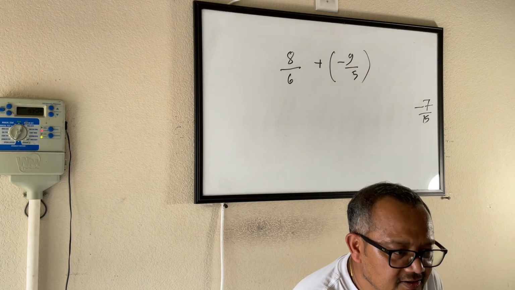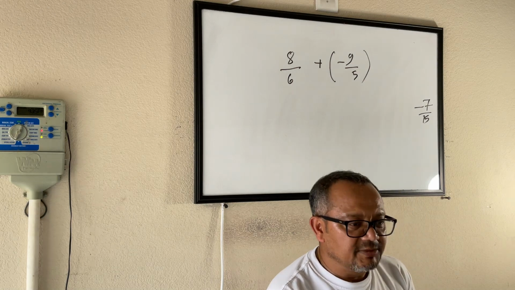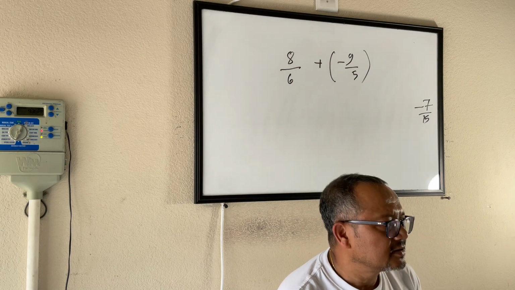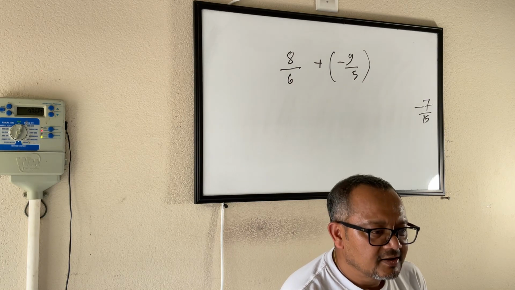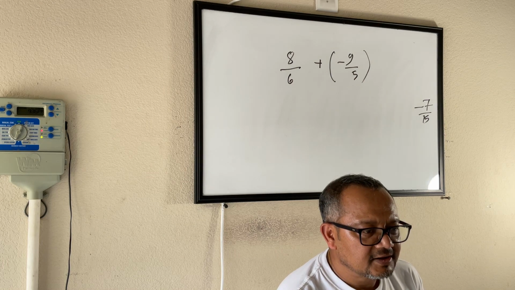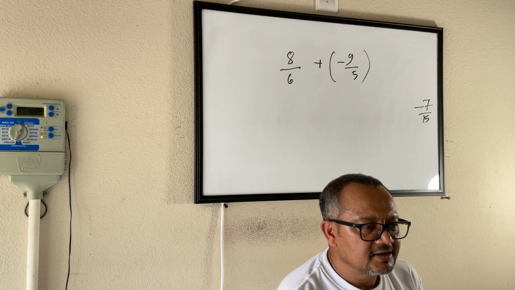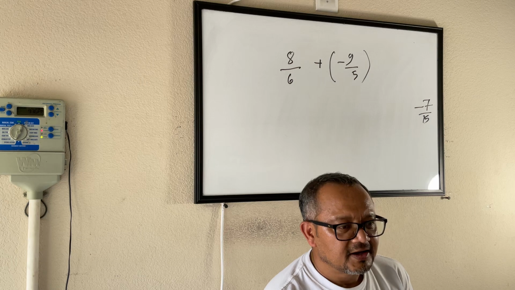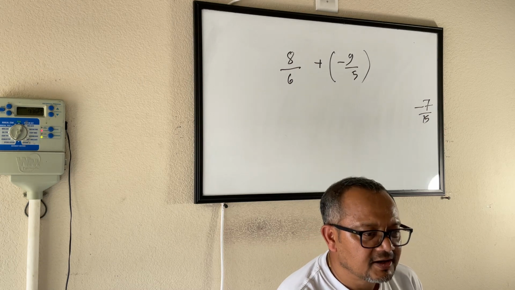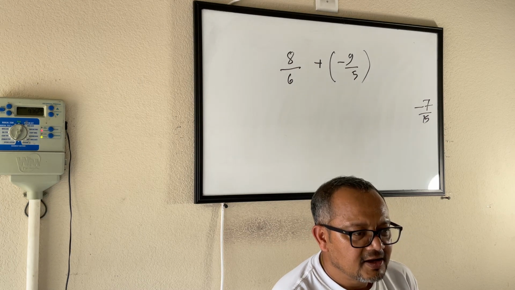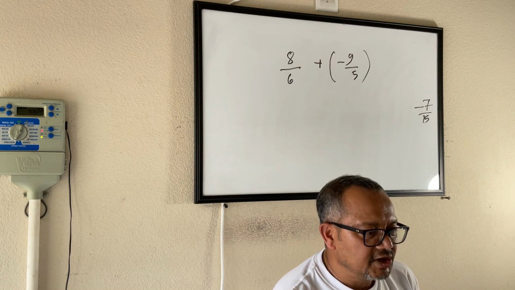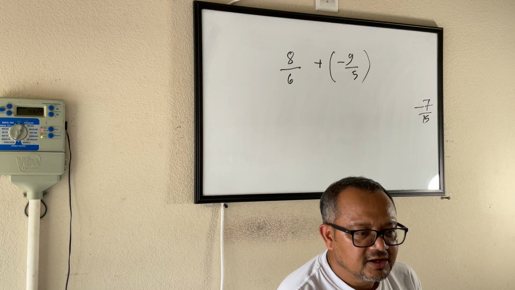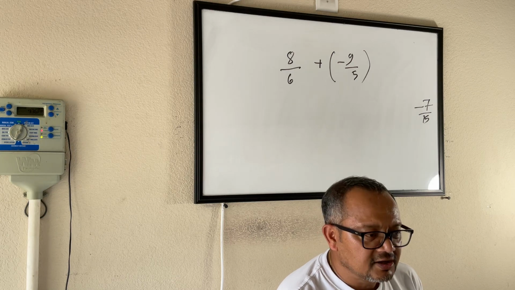I got negative 7 over 15. Okay. Sammy? Sammy, I cannot hear you better. Still working on it? Okay. How about Suhina, Adya, and then Vasundhara?